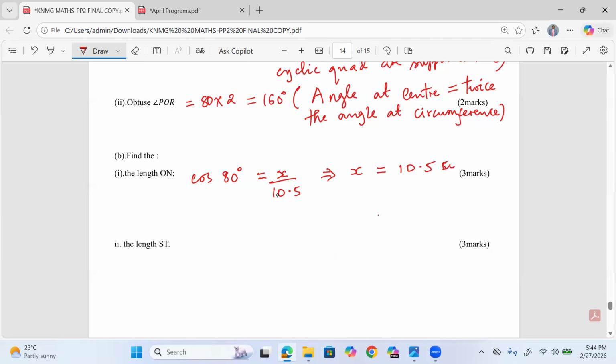So x, which is our ON, equals 10.5 cos 80. You just type that in your calculator, and you get exactly 1.823.